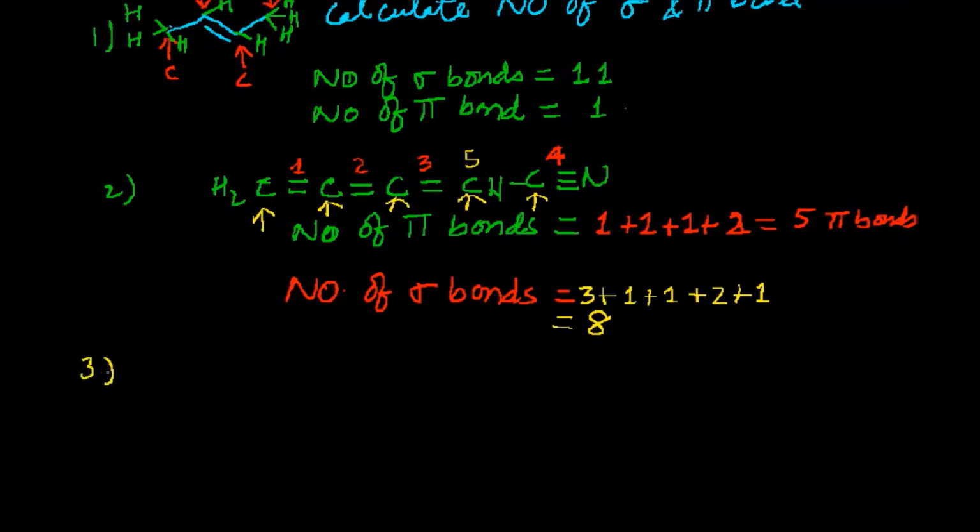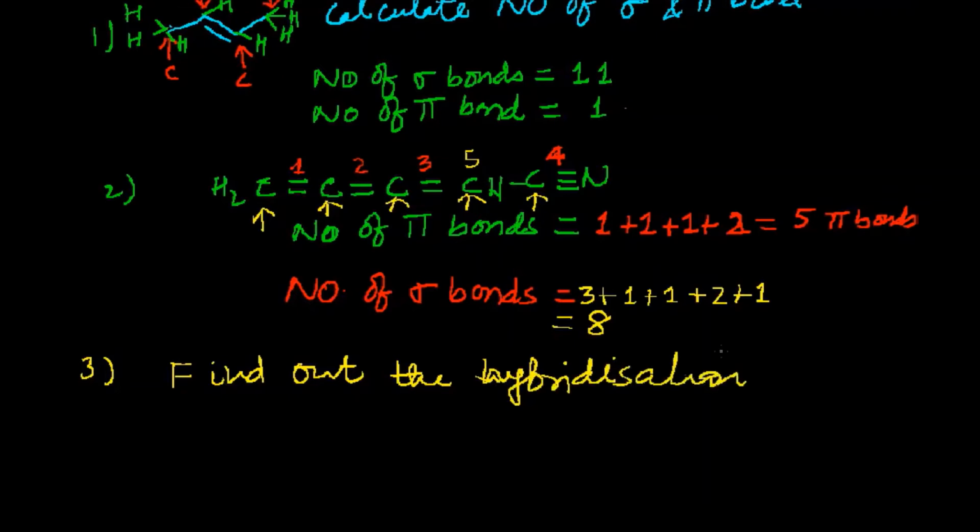So we can easily see here, find out the hybridization in the following molecule. Hybridization of carbon atom present in the given molecule.